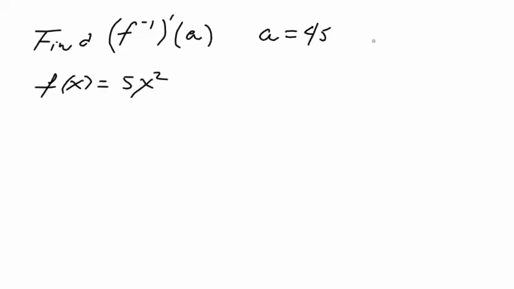Now, let me just attempt to draw this real quick. So we're going to say that this right here is 5x squared, and then its inverse, and we'll say this is the inverse.